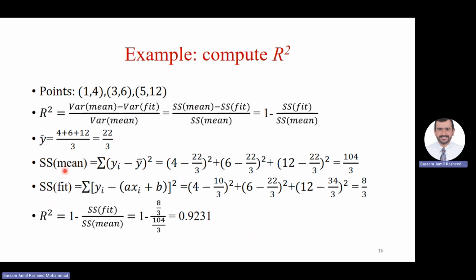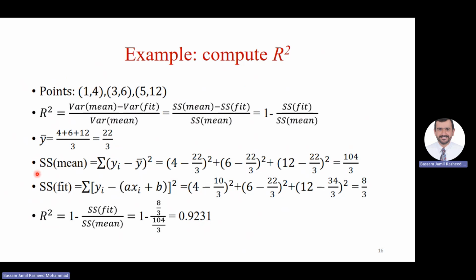All right, and then the SS mean equals the square of all these y coordinates for the centered points. So you see how we remove the average, which is 22 over 3. This is the average here. We remove it from all the y coordinates, and then we square the y coordinates, and then we add them. That gives me the SS mean.